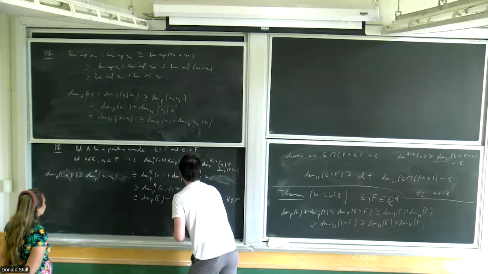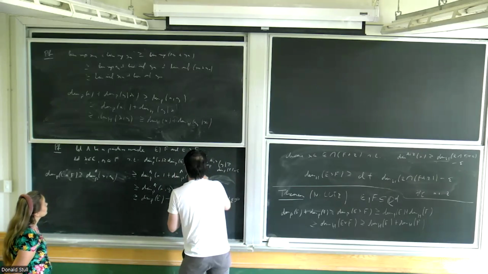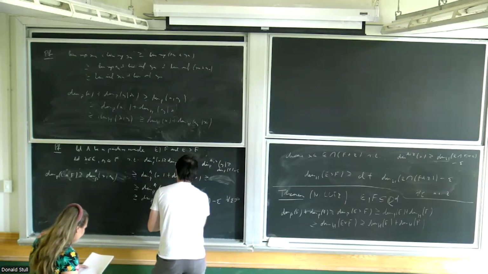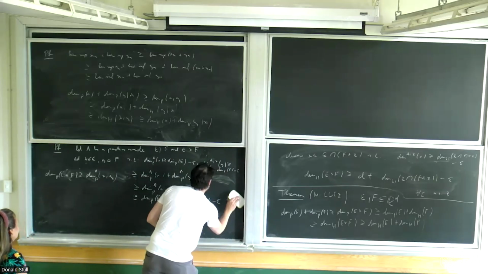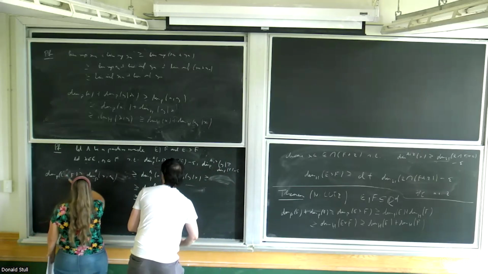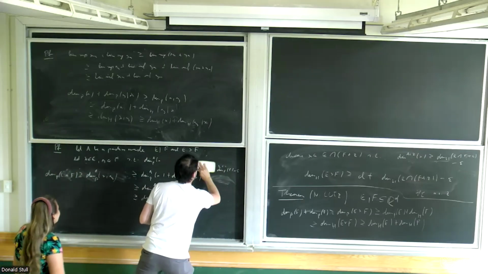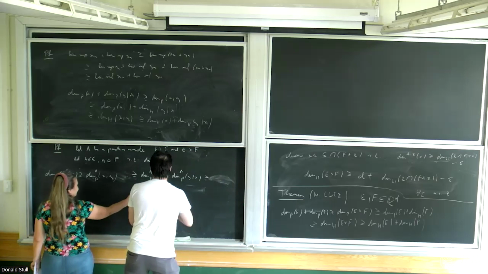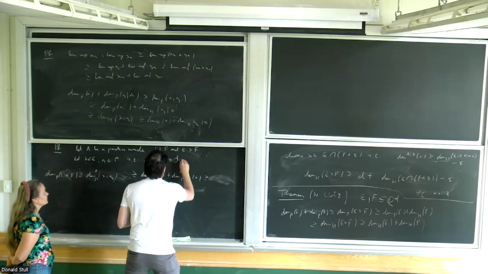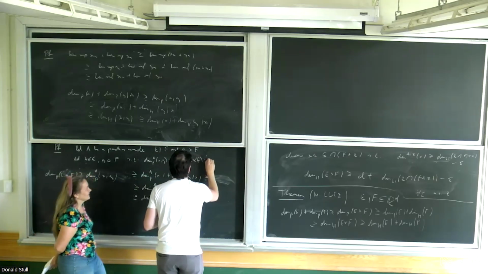So let me. So you want. Sorry. So I'll write it. I think I want the joint one to be larger than this minus epsilon. Yes. That is correct. There we go. The joint one is larger than the dimension of the product minus epsilon. Yes. Okay.